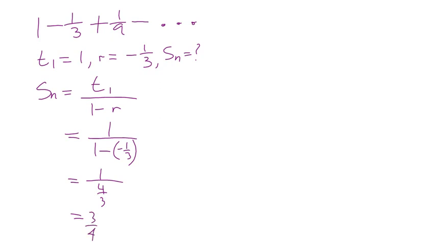Okay? Alright, we can divide fractions, right? When you divide by a fraction, you multiply by the reciprocal, right? So it becomes 1 times 3 over 4, or 3 over 4. So this will add up to 3/4, right?